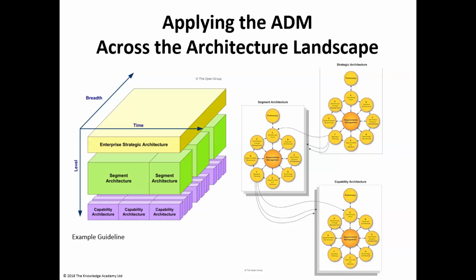And the next one, what exactly is the level of this one? It says breadth, time, and level. Now, the level here basically shows the level of detail. If you look at an architecture, the level of detail increases from top to the bottom, correct? Correct.